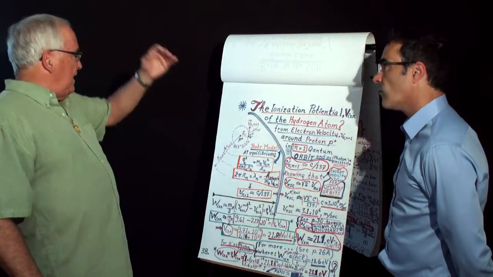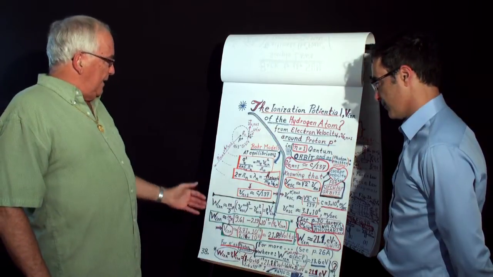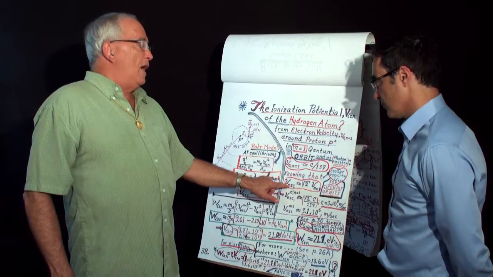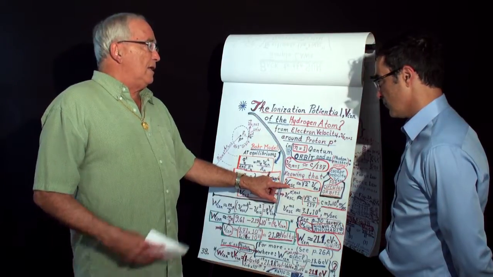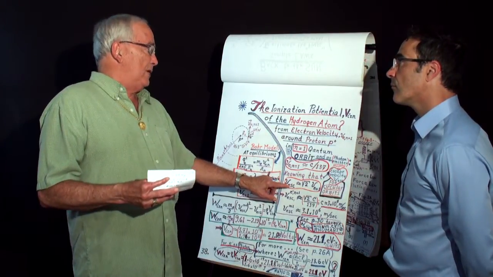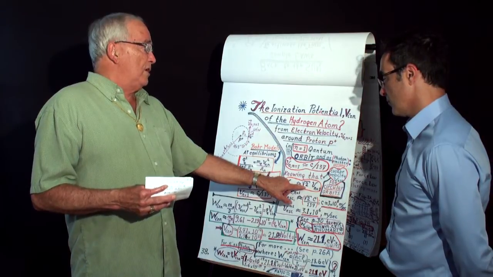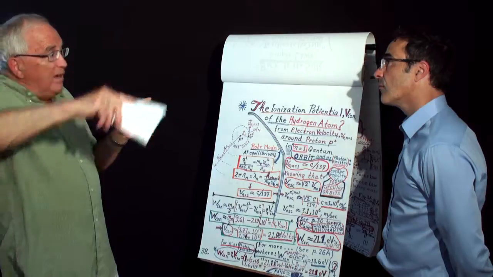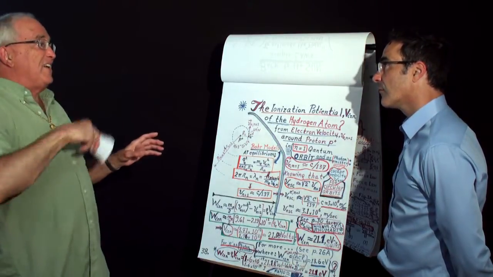So actually, we know that the escape velocity, for instance, of a satellite from the Earth is the square root of 2 times the velocity to go around it in a circular motion.